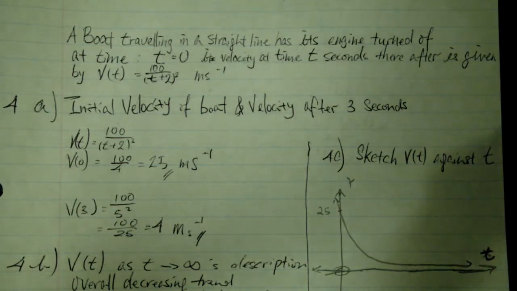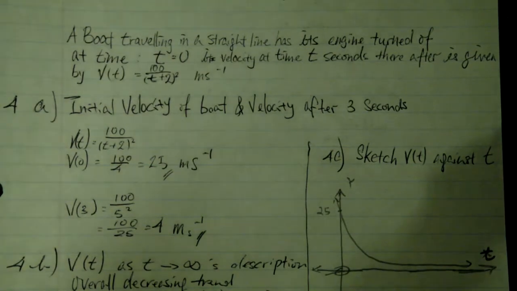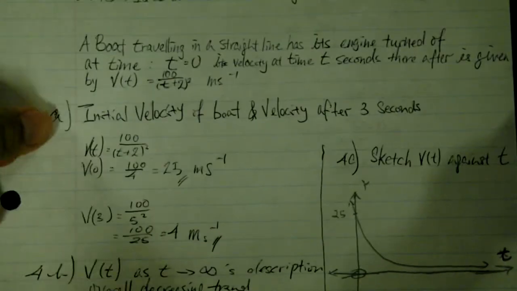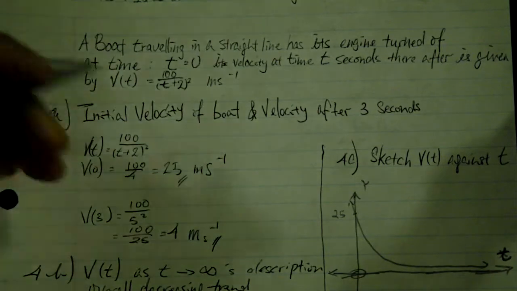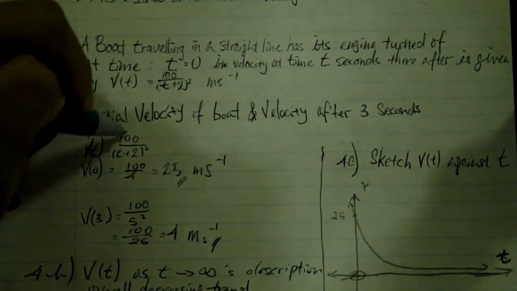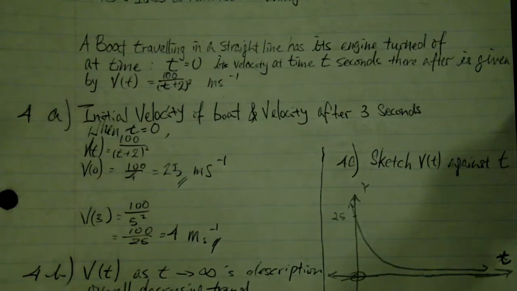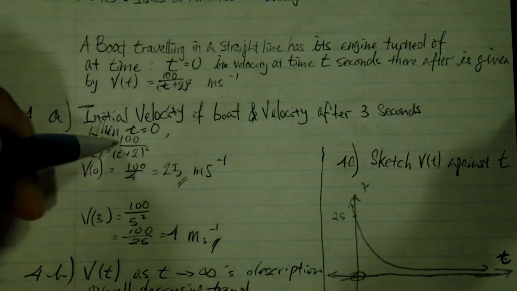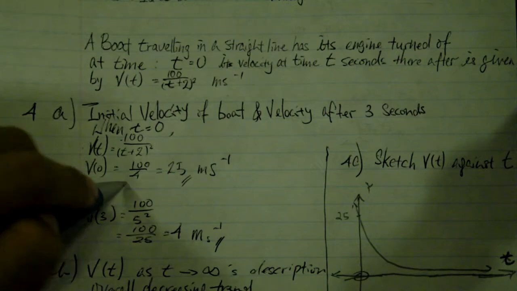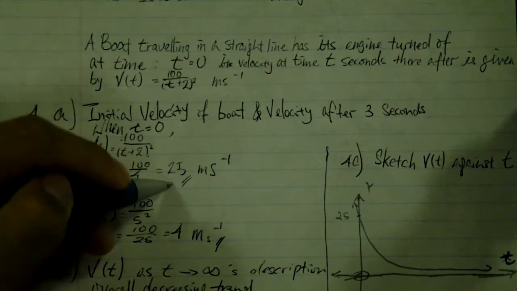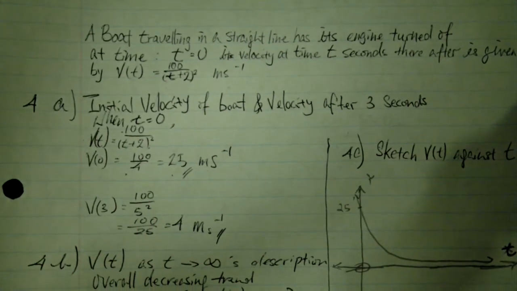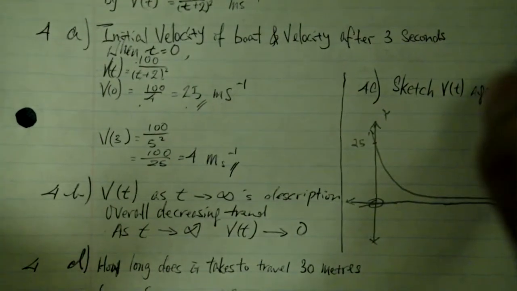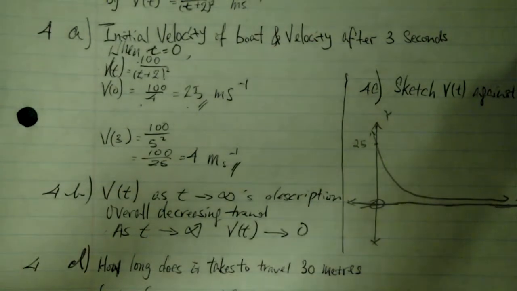Initial velocity, as mentioned in my last assignment, is when t, or the x value, equals 0. So we set t to 0. It's a very easy equation: you just divide 100 by 4 because of the square, and you get 25 meters per second. If you're doing IB, don't forget to add in your units because it might affect your marks.